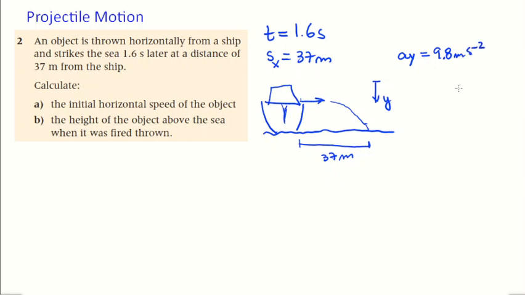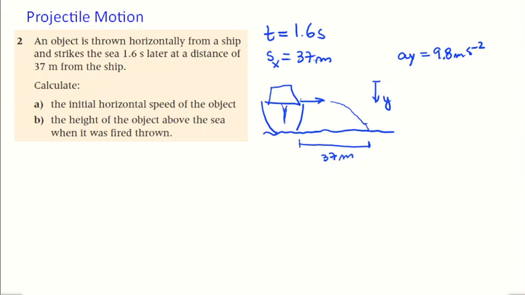Calculate the initial horizontal speed of the object. Now we're being asked the initial horizontal speed. We're given how long it has taken to fall, and we're asked what the initial speed was. Well, it's actually too easy. It's easier than it seems. We're looking for horizontal speed.